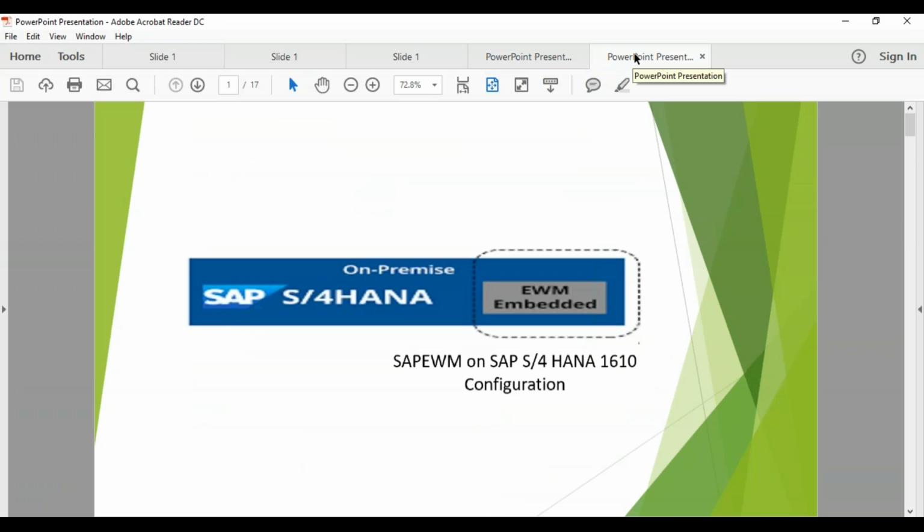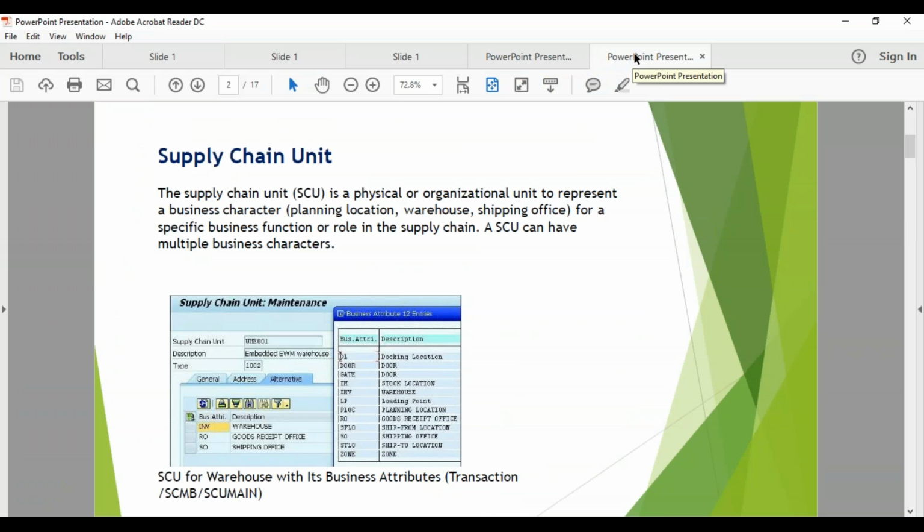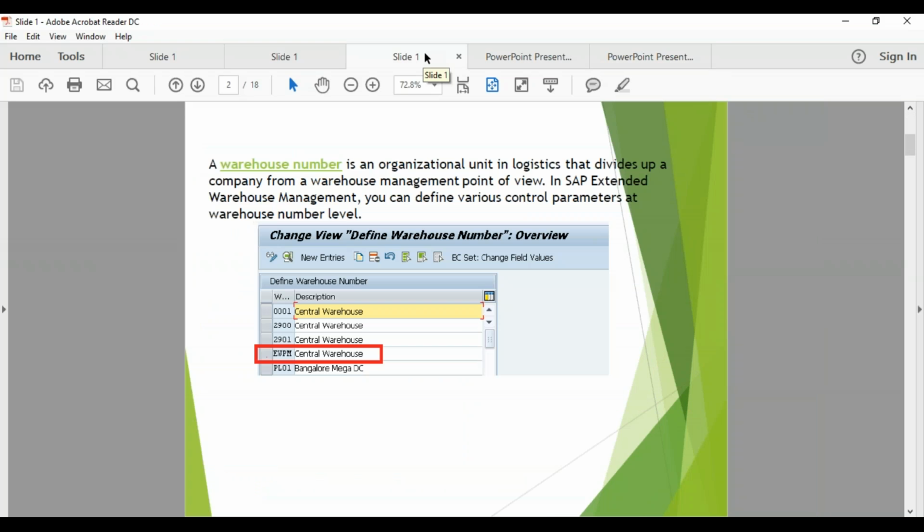A warehouse number is an organizational unit in logistics that divides up a company from a warehouse management point of view. In SAP Extended Warehouse Management, you can define various control parameters at the warehouse level.